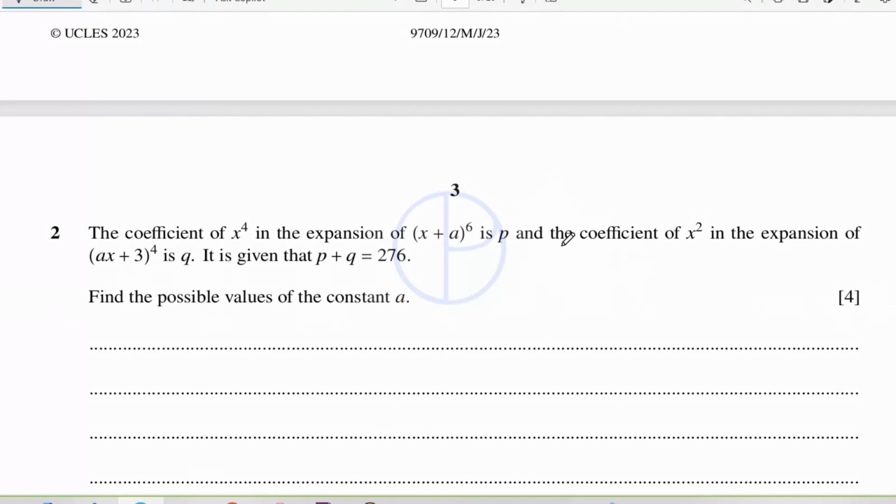So the coefficient of x power 4 in this expansion. To find that, first let's write the general term. This is a binomial expansion question. So the general term is 6Cr x power r a power 6 minus r. Here we need the coefficient of x power 4, so we take the r value as 4.